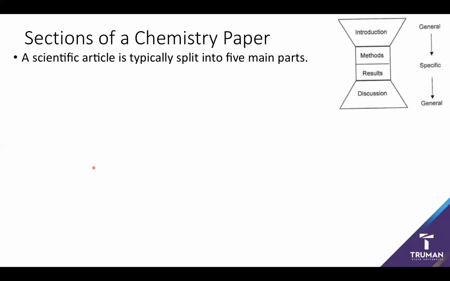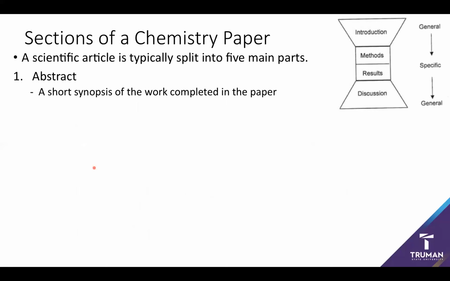5 major parts. The first of which is essentially the abstract. This almost stands outside of the general paper format, but the abstract itself is essentially going to be a short, usually single paragraph synopsis of all the work completed in the paper. So a good way to think about the abstract is this is going to be the paper in miniature.